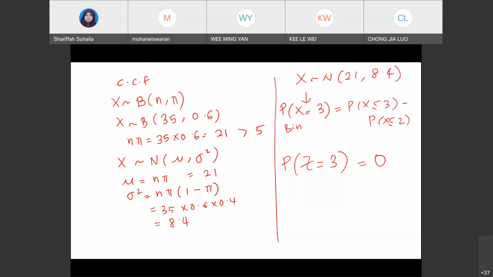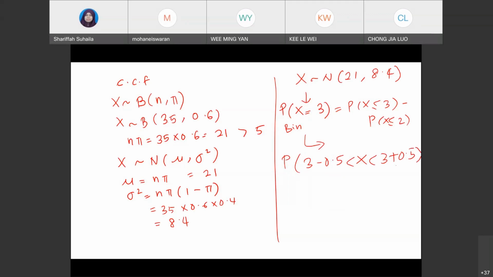When we have this kind of case, where you have a discrete distribution and want to change to normal distribution, you have to add plus minus 0.5. So that means you have 3 minus 0.5 less than X less than 3 plus 0.5.